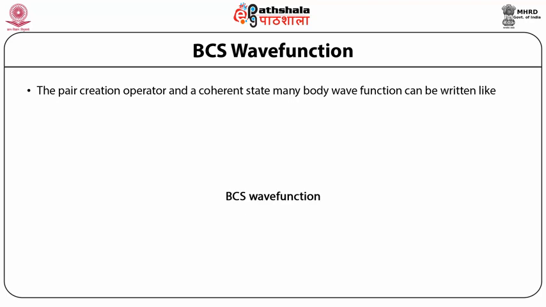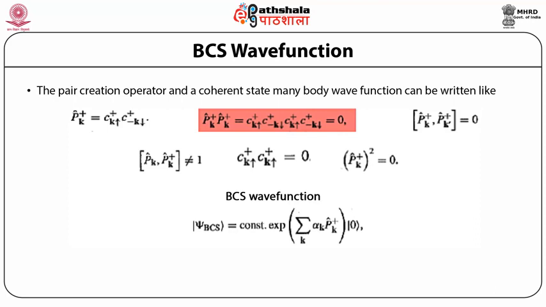So we introduce this operator pk dagger equal to ck up-spin dagger c minus k down-spin dagger. In a similar manner, when we multiply pk dagger into pk dagger, it becomes 0. You can try out actually doing this, to see why it is 0.